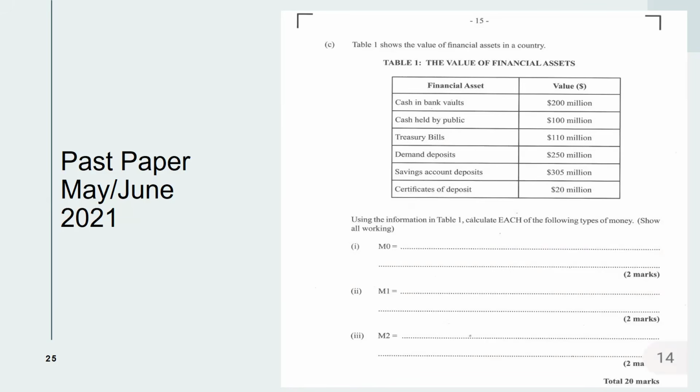So you have to remember M0 is the most liquid. It goes from most liquid to least liquid. M0 is the money in reserve and the money that is circulating in the economy.